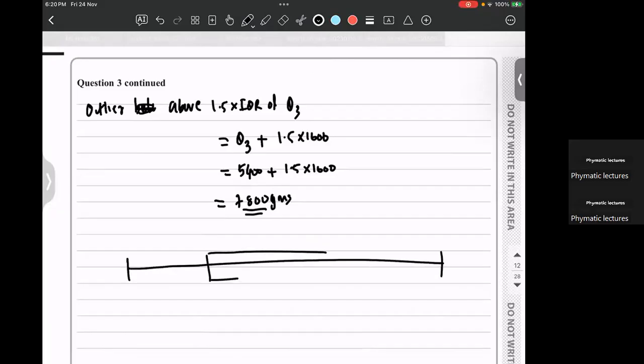So this is the box, and the end values are 1,600 and 7,700. So any outlier is a value below 1,400 or any value above 7,800.